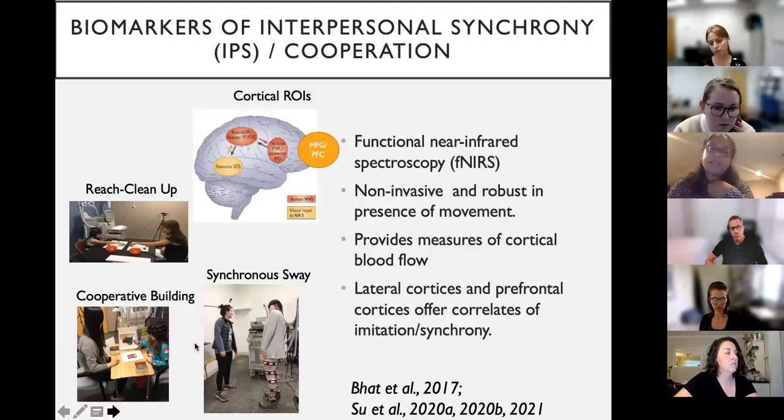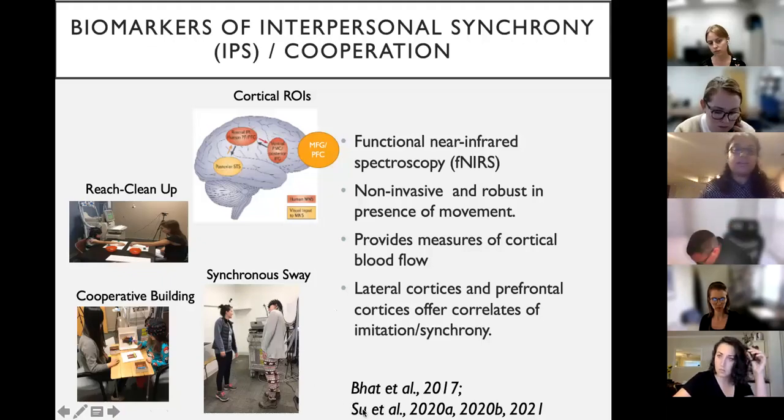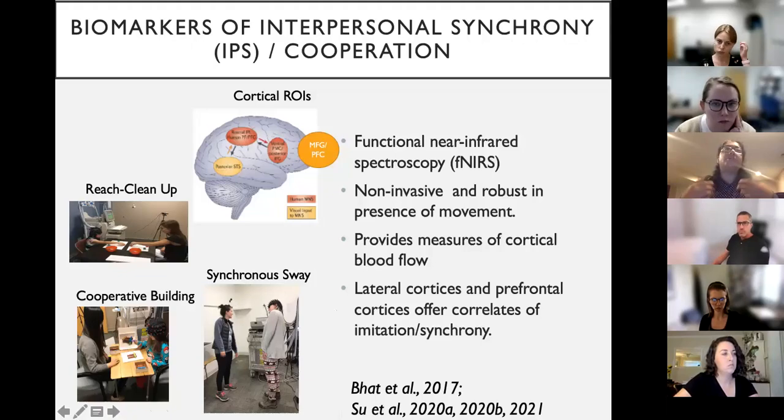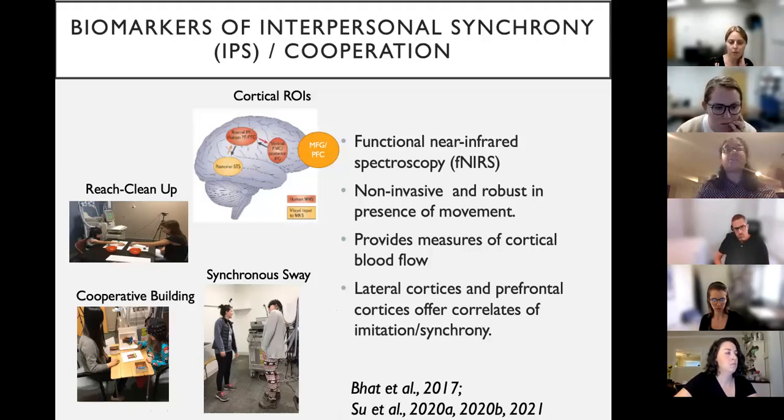So what were these tasks? Why these tasks? The reason why I looked at these tasks is because we were interested in looking at what socially synchronous movement has to offer more than general movement, so solo movements versus just observing. So we do a lot of observing and sitting in our standard of care.